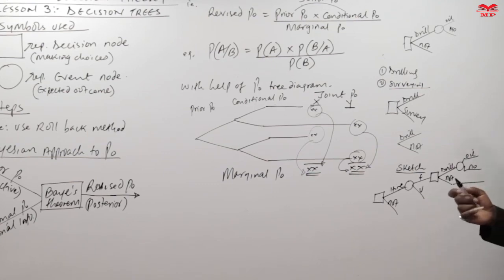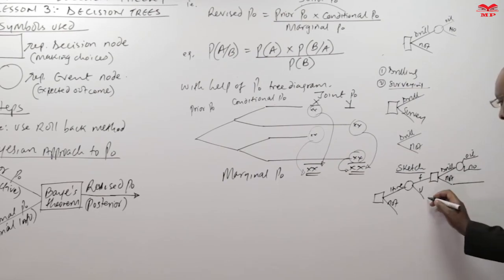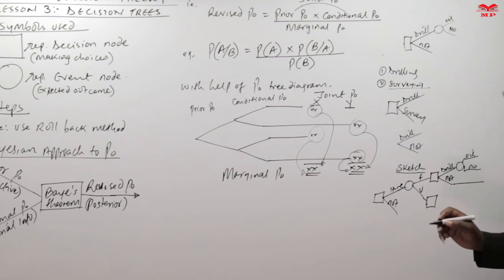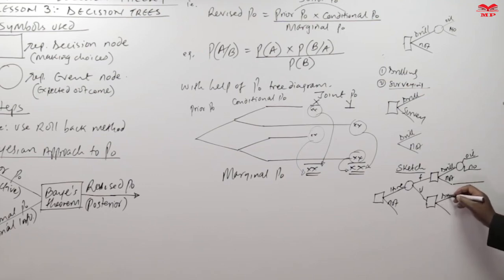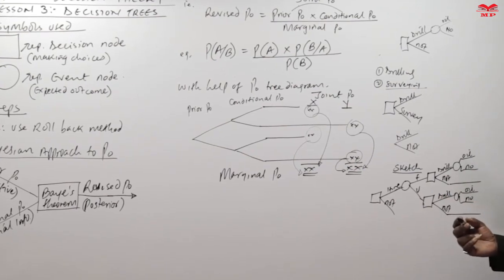Our question is actually giving us some leeway that even if the report is bad, you still have the right of making a choice to drill for oil or not drill. If you drill for oil, the outcome is either oil or no oil. If you don't drill, then of course you don't expect any other outcome apart from not having oil. That is the unfavorable report.